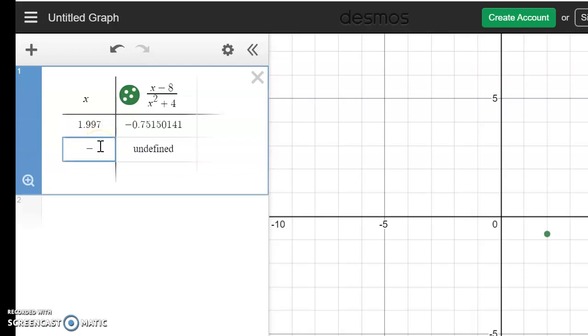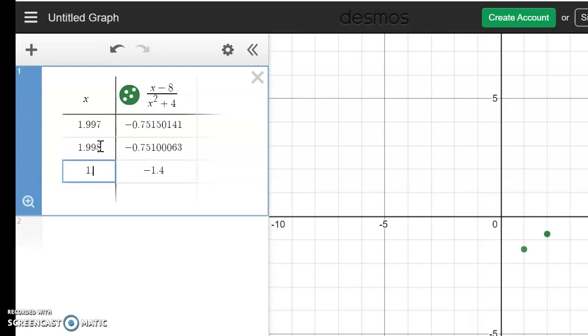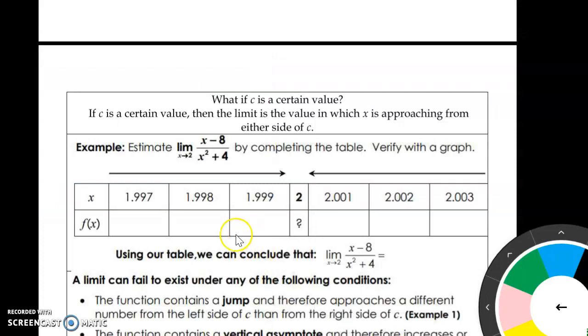Then we have 1.998. Okay, let's keep going. 1.999. So it's getting closer and closer to negative 0.75, it looks like.